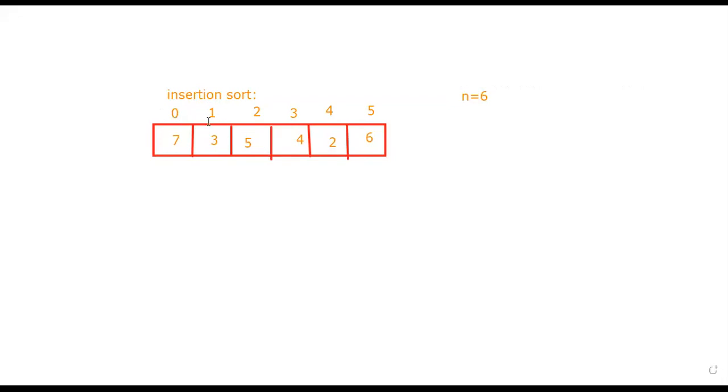So the search will start from index 1 onwards. The second element in the list is compared with the leftmost element. So here 3 is compared with 7.